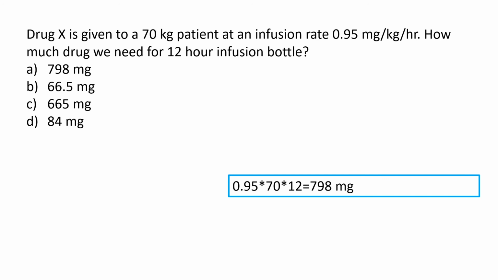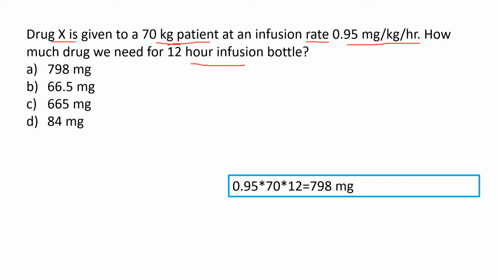The next question is, drug X is given to a 70 kg patient at an infusion rate of 0.95 mg per kg per hour. How much drug do we need for a 12-hour infusion bottle? Here the drug given is drug X, and this is given to a patient whose body weight is 70 kg as an IV infusion.